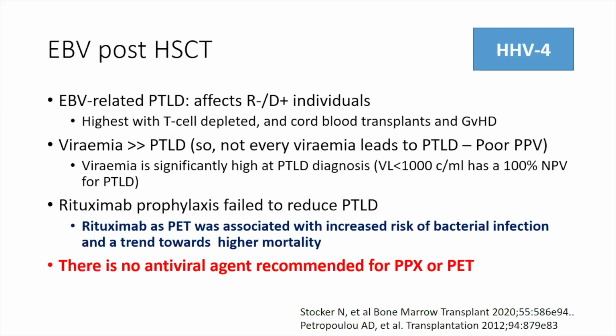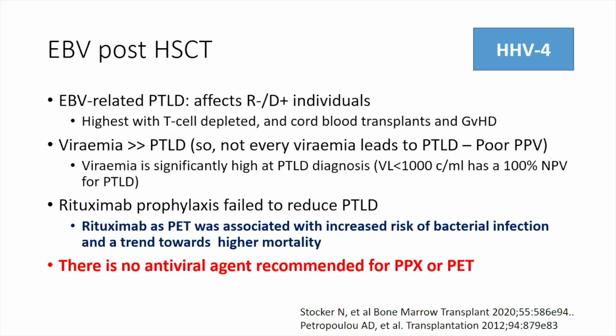However, there are groups like the European Society of Infection in Leukemia that recommended it, but they don't tell you when to start preemptive therapy. Whether the patient is at 10,000 copies per mil, 100,000 copies per mil, or 1 million is just being left open for people to choose.